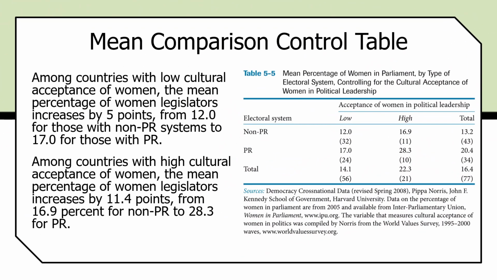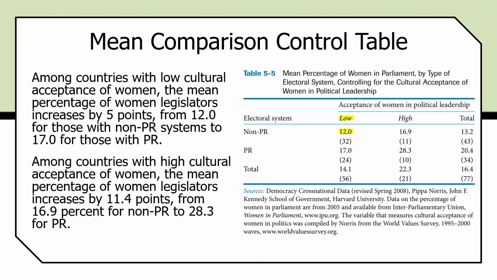Here we're looking at mean percentages of women in parliament by type of electoral system, controlling for cultural acceptance of women in leadership. So again, the independent variable non-PR, PR is on the rows, and we would compare, for example, on average, these 32 countries with low cultural acceptance of women. On average, 12% of their lower house of parliament are female.